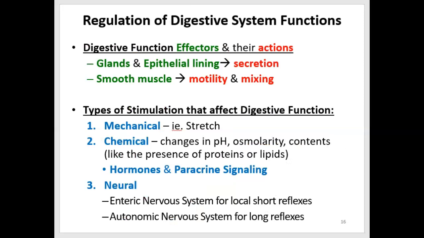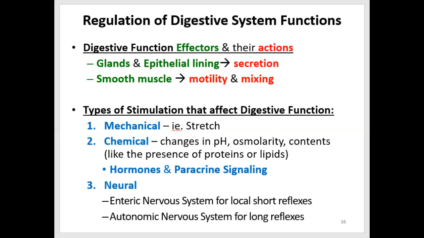Okay, the last part of this introductory information on the digestive system involves how digestive functions are controlled or regulated. So let's first think about the things that the digestive system can do. It can absorb, but those are just membrane transport mechanisms across an epithelial lining.